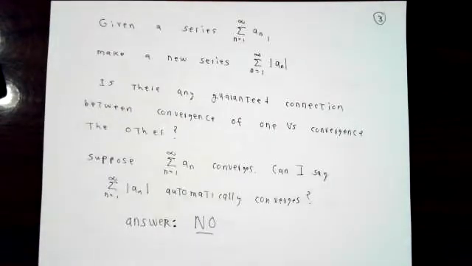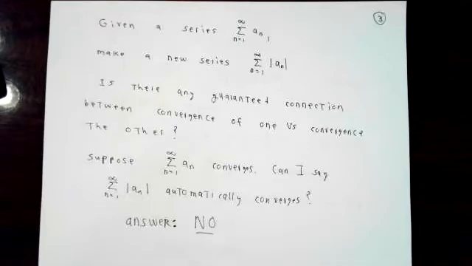Now, suppose you have an infinite series, the sum n equals 1 to infinity of a sub n. Unlike what happened in the first half of this section of the textbook, I am not assuming the a sub n's are all positive. They need not be. Some of them could be positive, some negative, some could even be 0. It can change its nature as you go down the list. It is irrelevant.